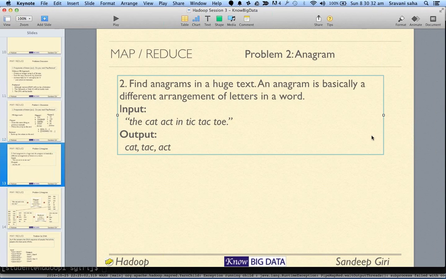All right, now we can't do that, so we'll have to come up with some other nice idea such that all the words produce the same key if they are anagrams, right?